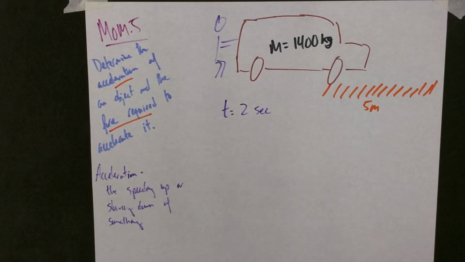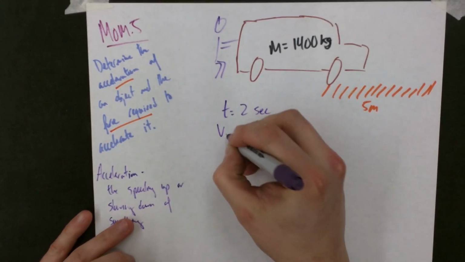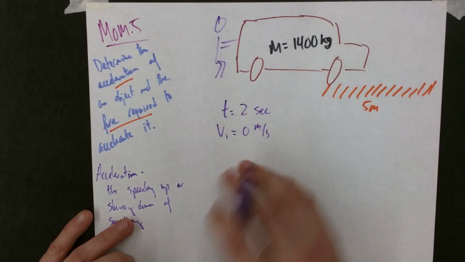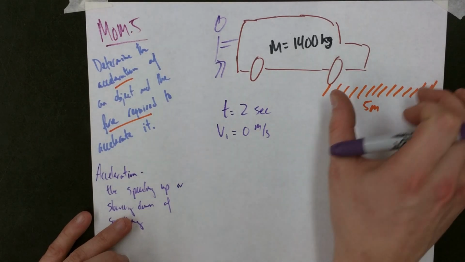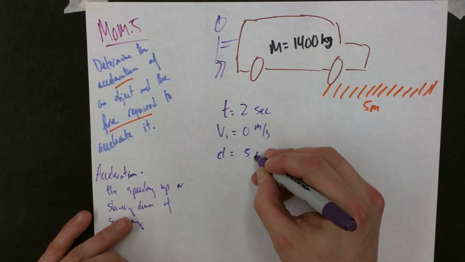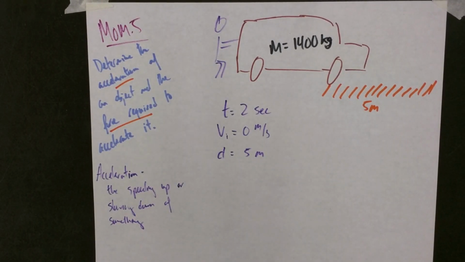Well, what other information do we know? Well, if it starts at rest, the initial velocity must be 0 meters per second. And the final thing we know, because we measured this out and set this as a condition, we know that the distance traveled is 5 meters. Those are the 3 things we know.